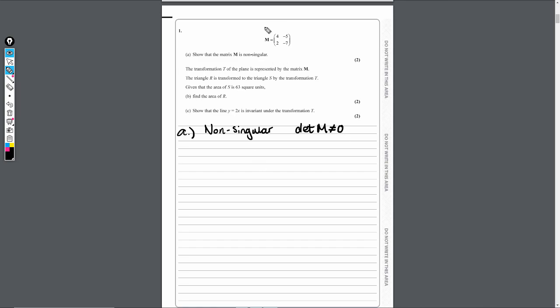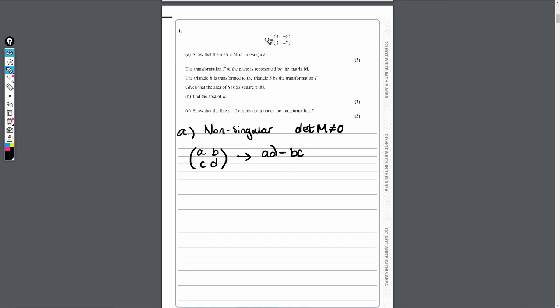It's a 2 by 2 matrix, so all we've got to do is calculate the determinant. For a 2 by 2 matrix A, B, C, D, the determinant is A times D minus B times C.